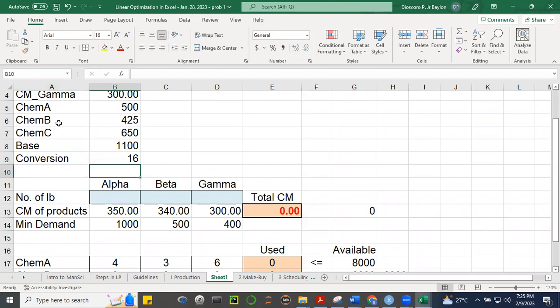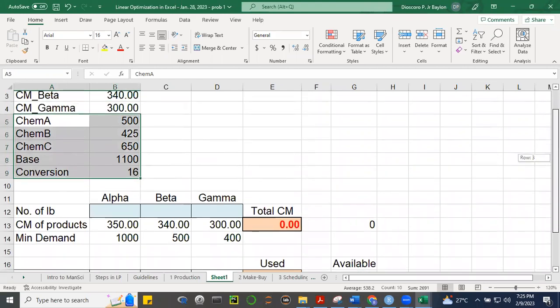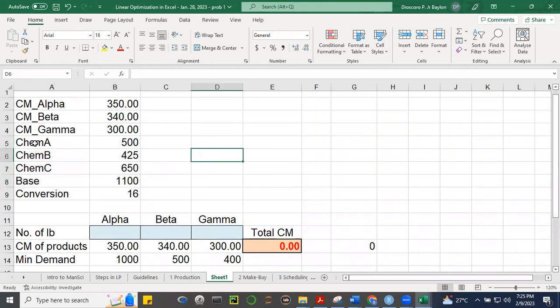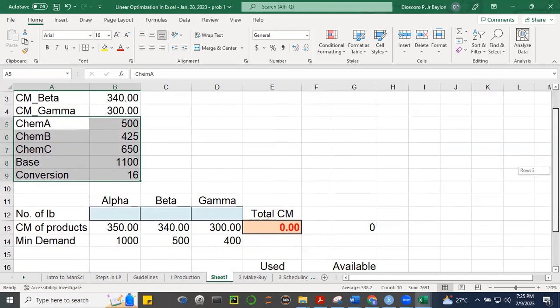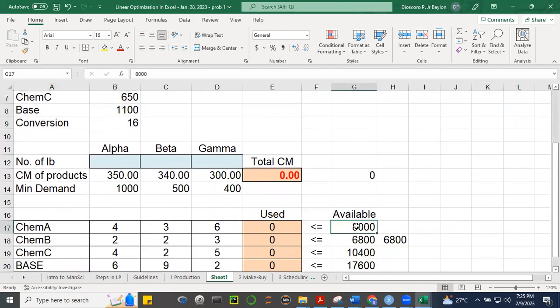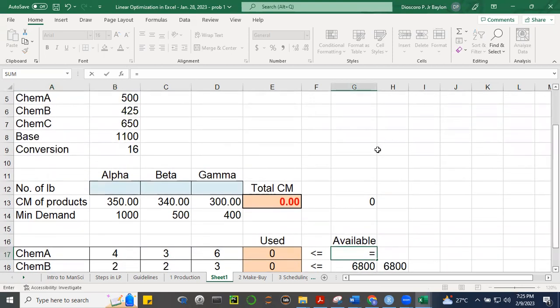And then we said that we can give these names, right? This is again by way of review. Highlight everything here, Control Shift F3. I'm giving names to these absolutes by the left column. All right, then this becomes the available, which is equal to chemical A multiplied by the conversion factor.